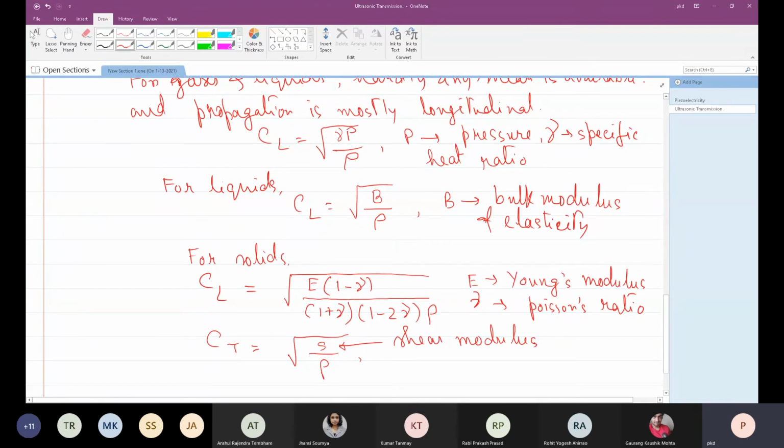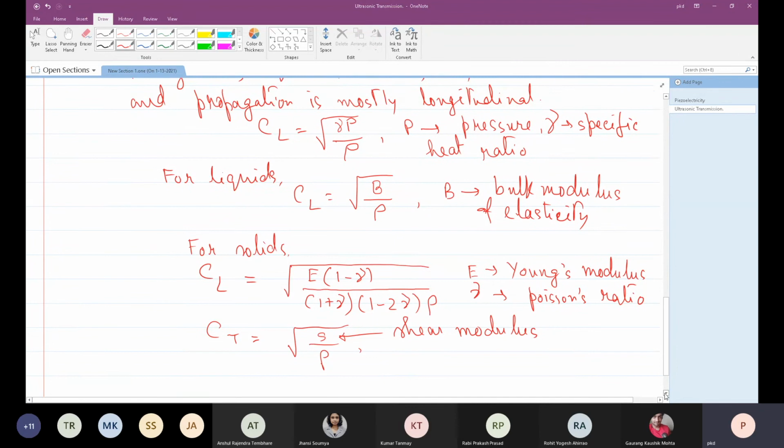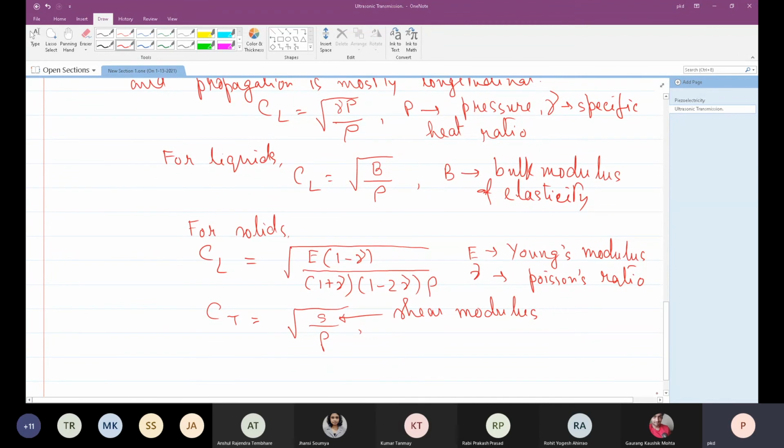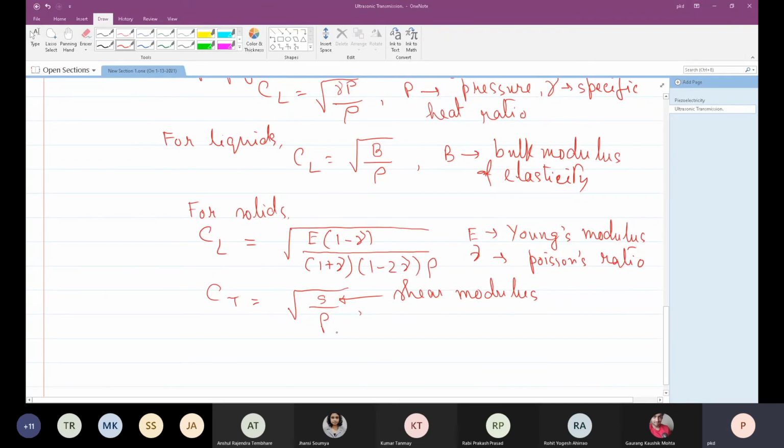Through shear wave only we can generate the transverse component, because longitudinal would be like XX, YY or ZZ, whereas XY, XZ, YZ, all those will give rise to a component in the transverse direction as well, and we can generate a transverse wave.